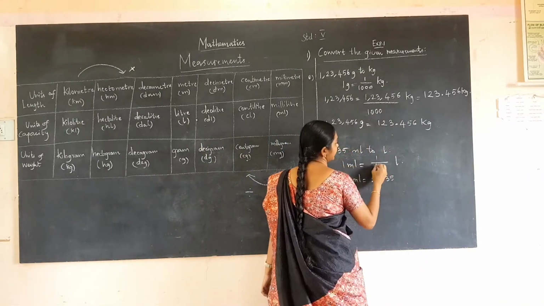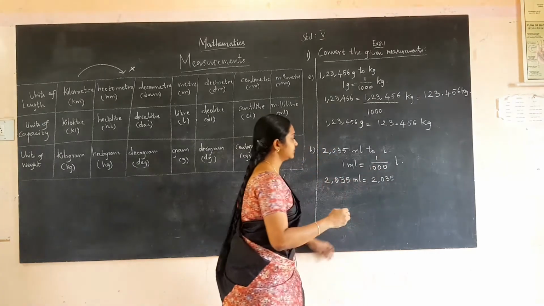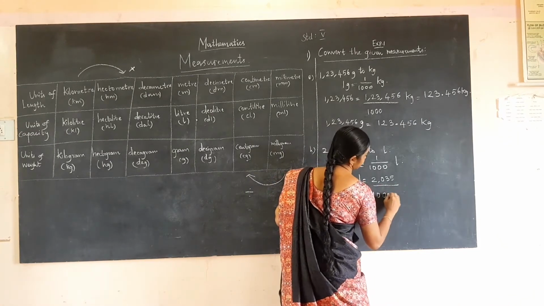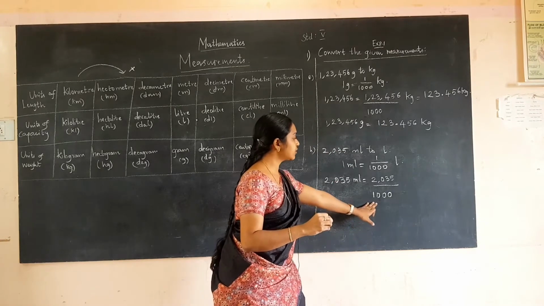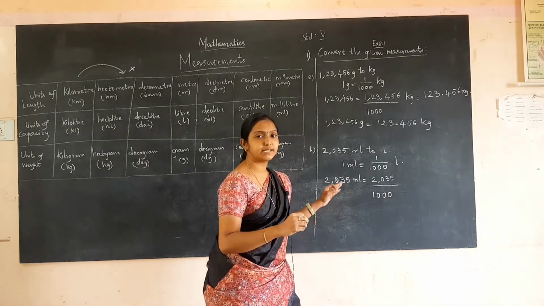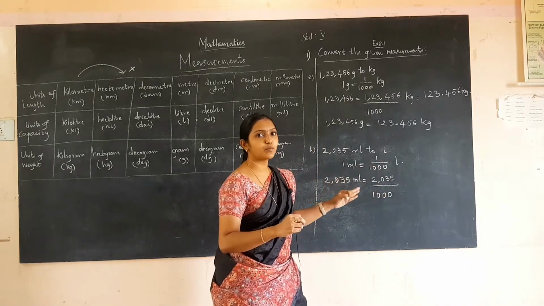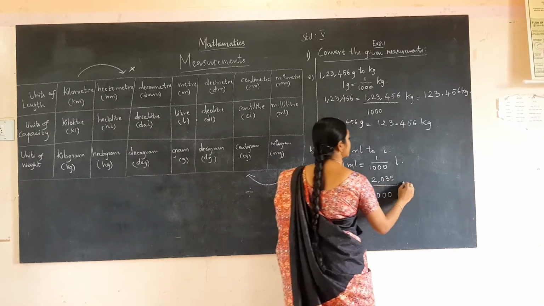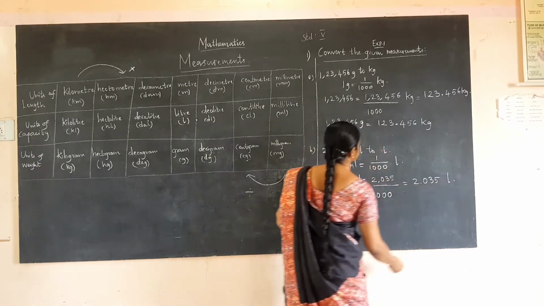So 1 divided by 1000. Dividing it by 1000 means we have to just keep the decimal point. We are having 3 zeros. So we have to keep the decimal point before 3 places. 1, 2 and 3. So it is 2.035 liter.